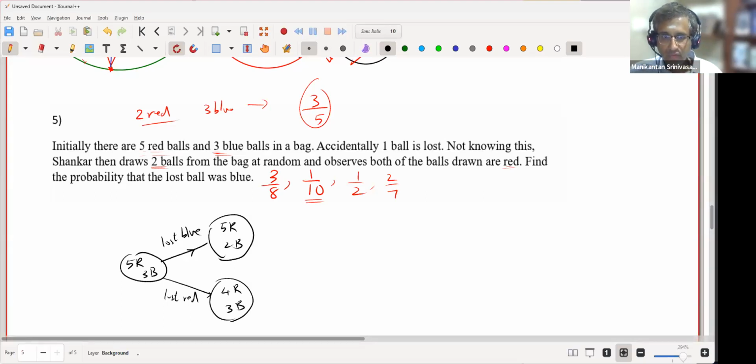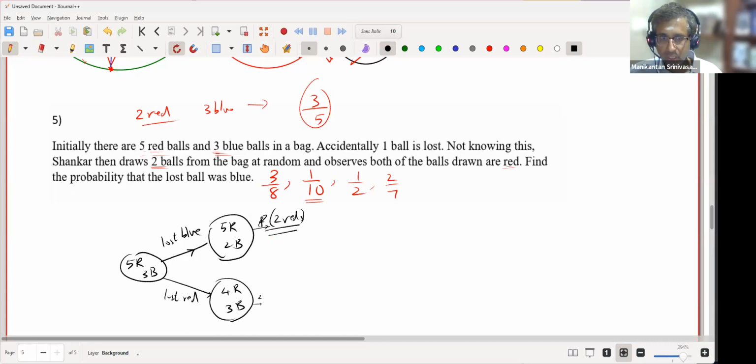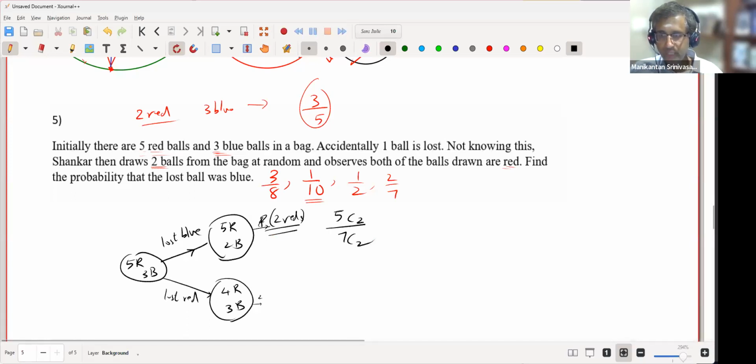Now if you're picking 2 balls from here, what is the probability of picking 2 reds? It's 5 choose 2 upon 7 choose 2. Agreed?